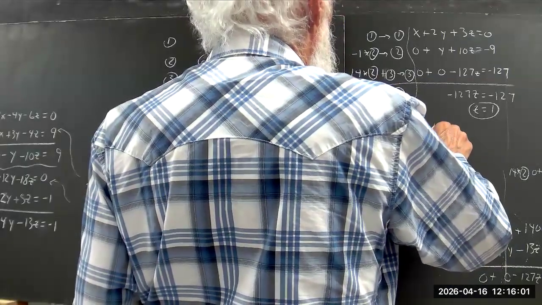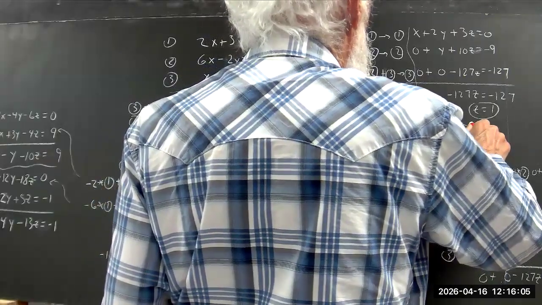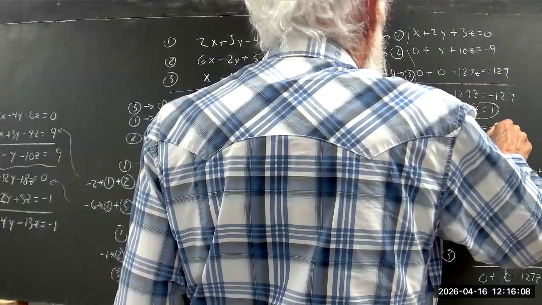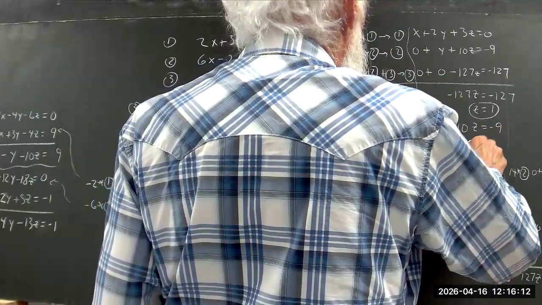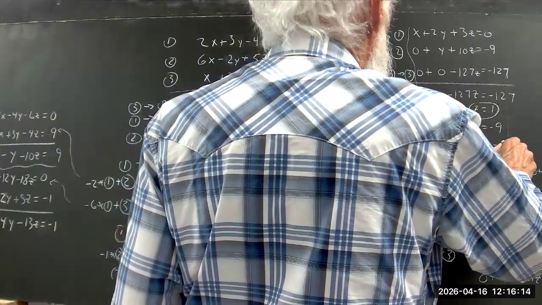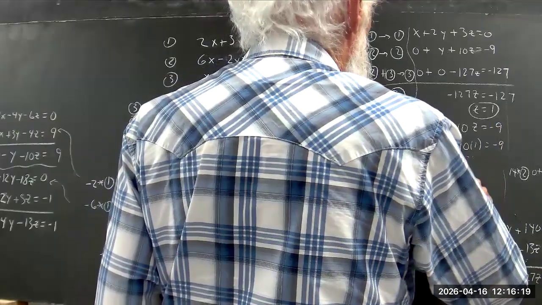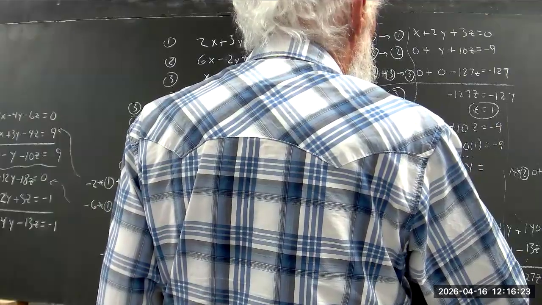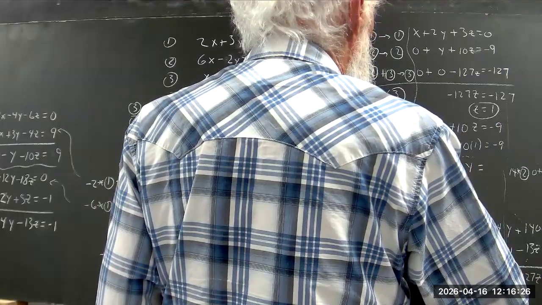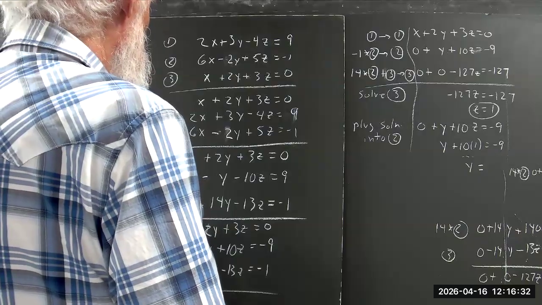It's 0 plus y plus 10z equals negative 9, which becomes y plus 10 times 1 equals negative 9, which has solution, well, that can't be, something went haywire there too.